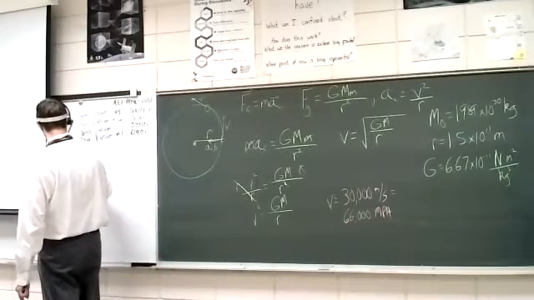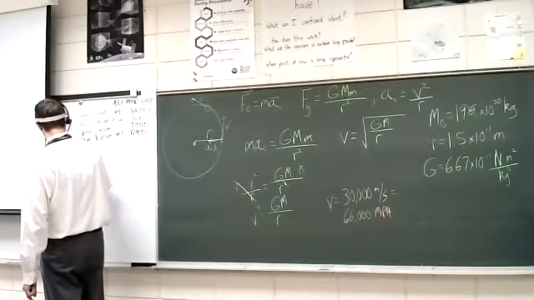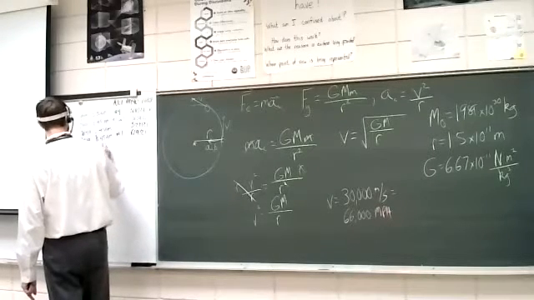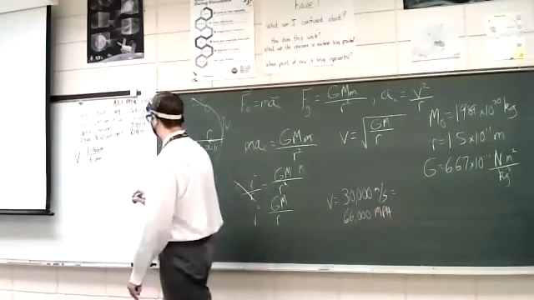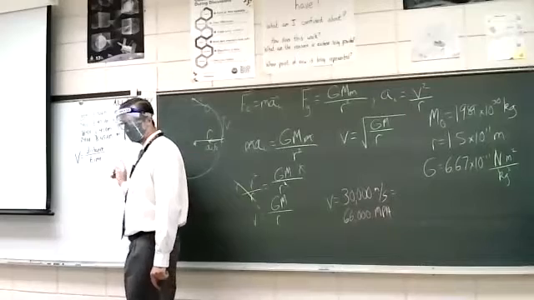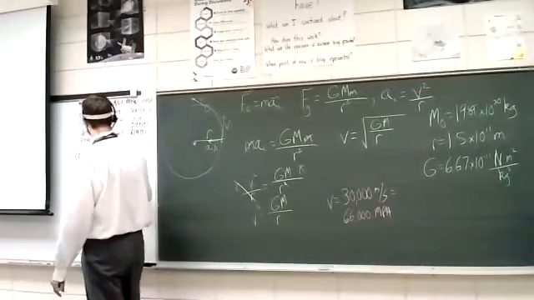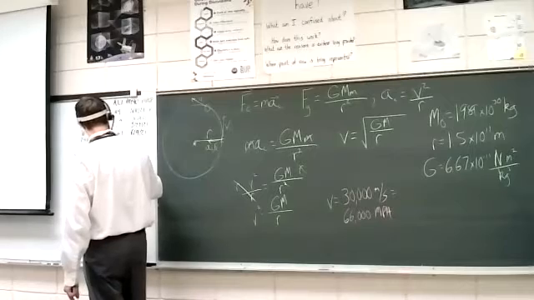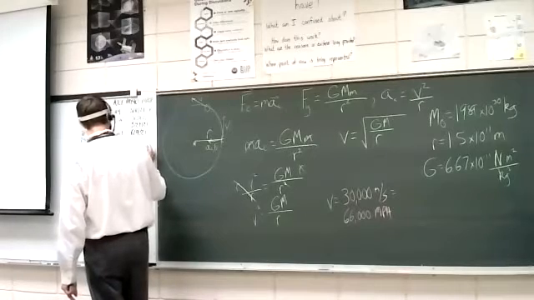I think we could just say our velocity is distance over time. And the time that we take to orbit the sun is 86,400 times 365.25.